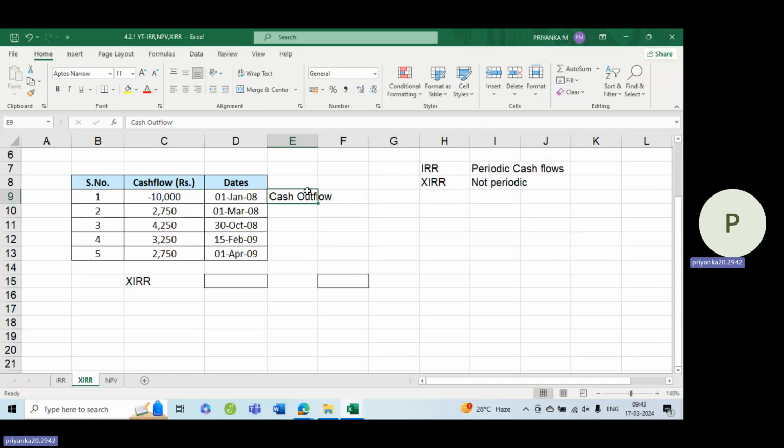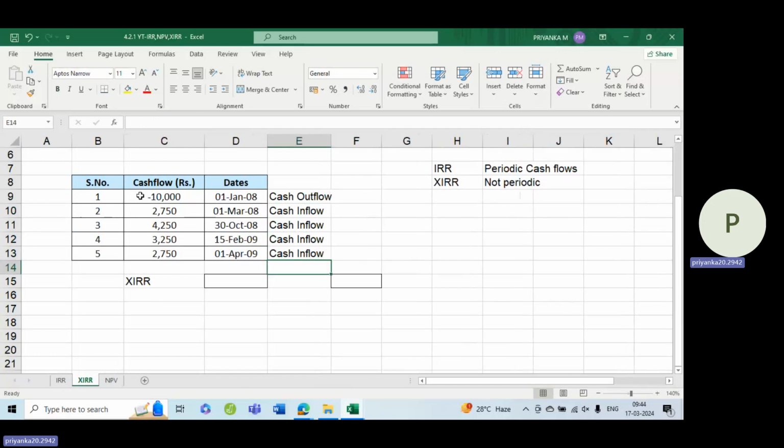After that, all these are your cash inflows. So you have to remember it. For the cash outflow, that's why I'm introducing a negative sign here. The other values are my inflows, so we need not include any negative sign.